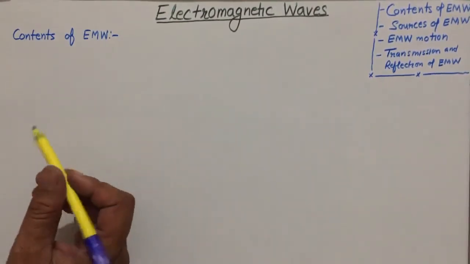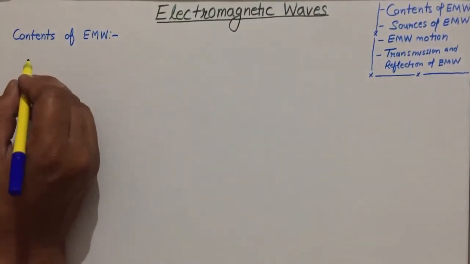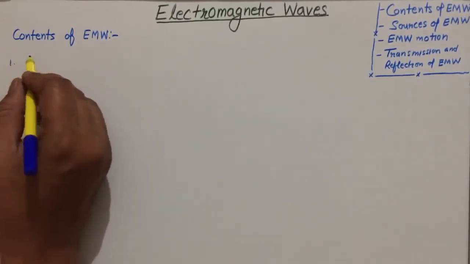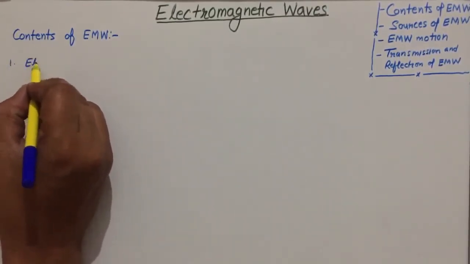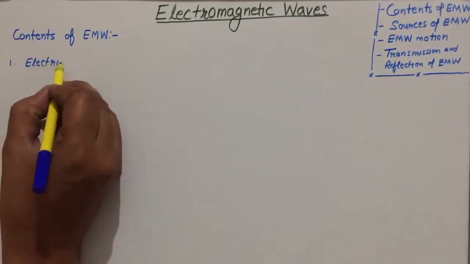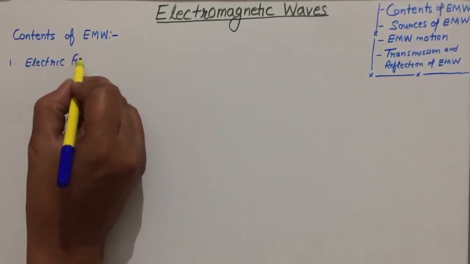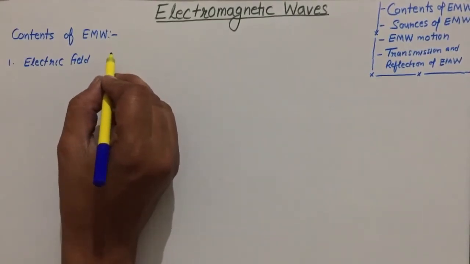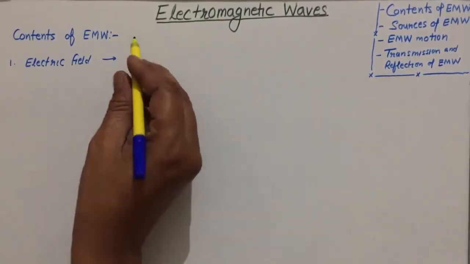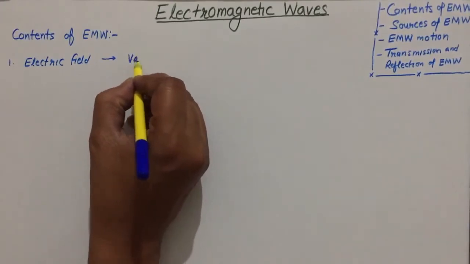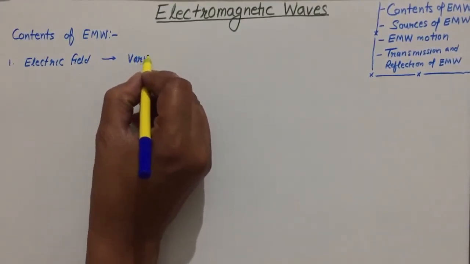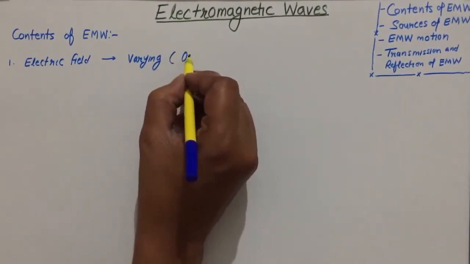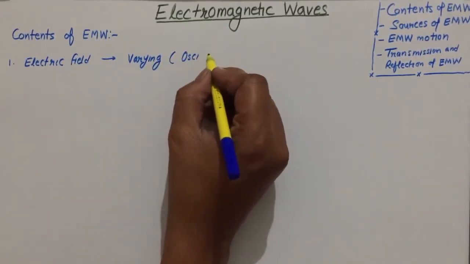Electromagnetic waves consist of two things. First, it carries the electric field, and the type of field should be varying, or we can say it should be oscillating.